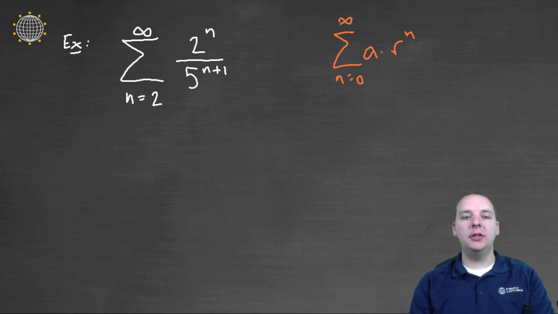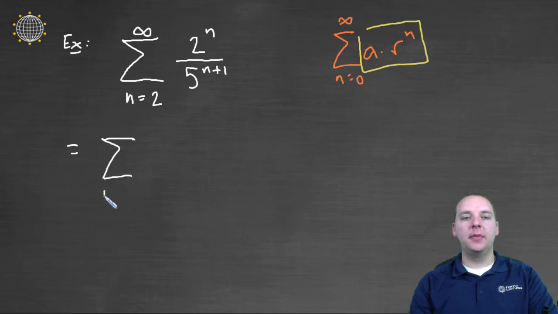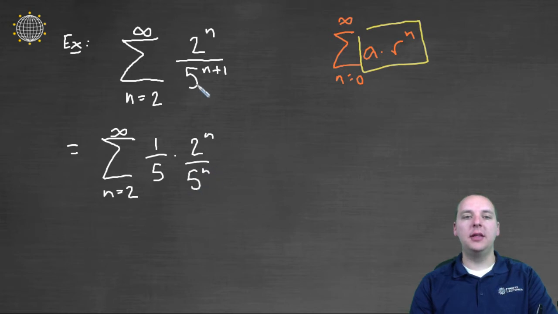Okay, so as far as fixing this term here that we're adding up, that's not too bad. You need something to the nth power. This is 2 to the nth. The denominator is 5 to the n plus 1. So I can pull out one of these factors of 5, and I think it'll look a lot more appropriate. So we'd have the sum n equals 2 to infinity of 1/5, we'll pull that 5 out, and then we'd have 2 to the n divided by 5 to the n, right?